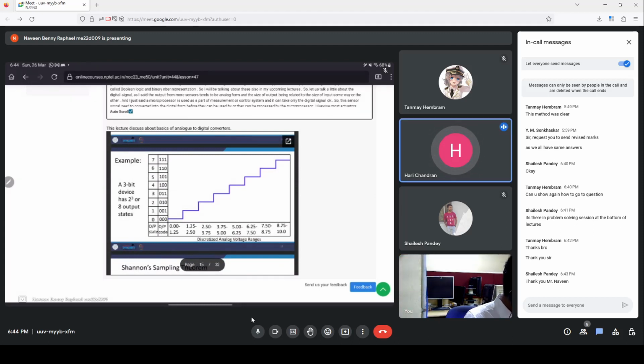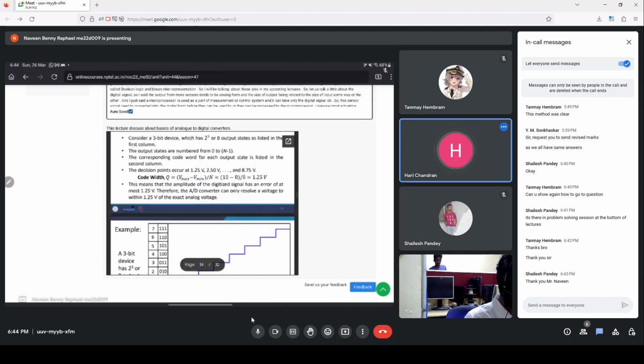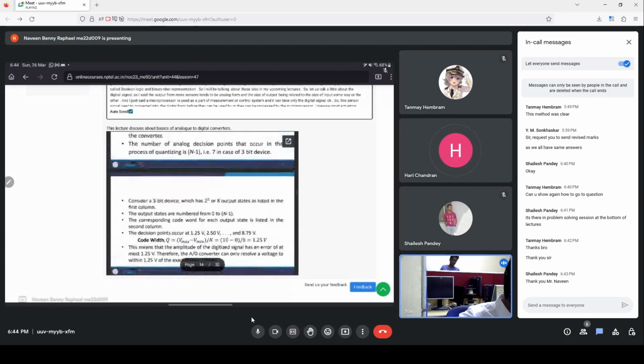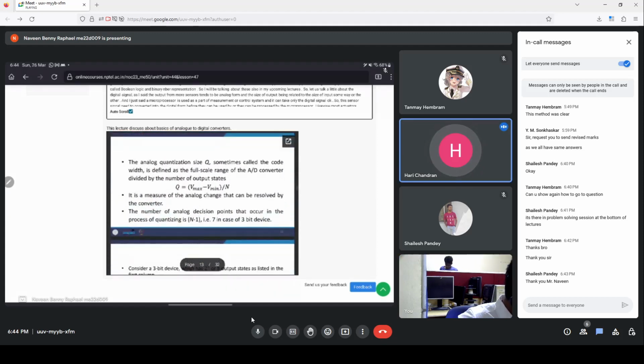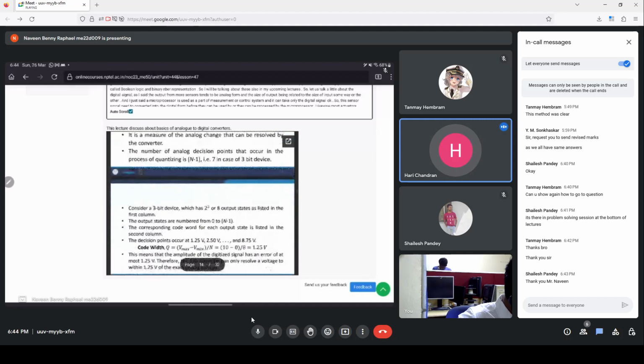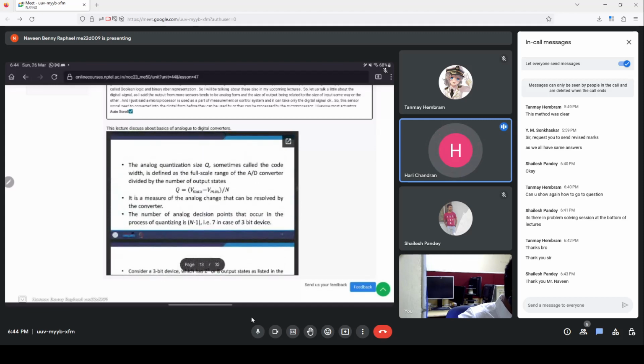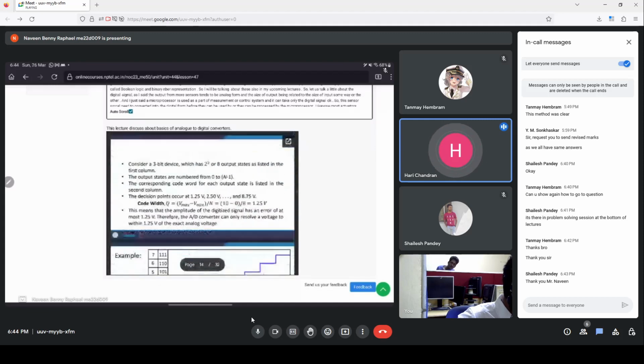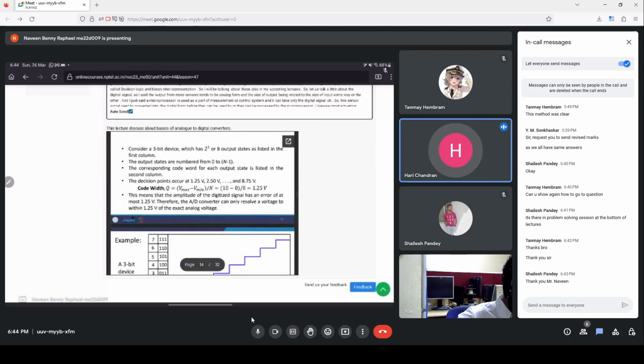So here, if you go to the slide above, the first slide and second slide, this would be the preface. The question is here only. My question is here: code with q equal to v divided by n.